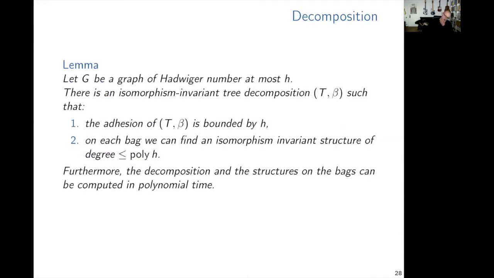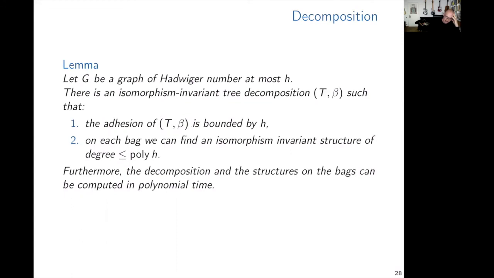So first we prove a decomposition theorem, or that's in a way the main thing we need to prove. And it's basically the same theorem that we had before for tree width. Now it's for a graph of Hadwiger number at most h. There is an isomorphism invariant tree decomposition.